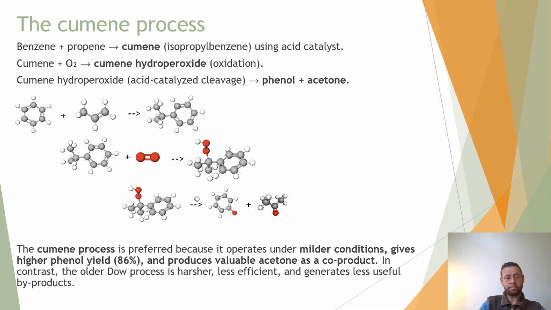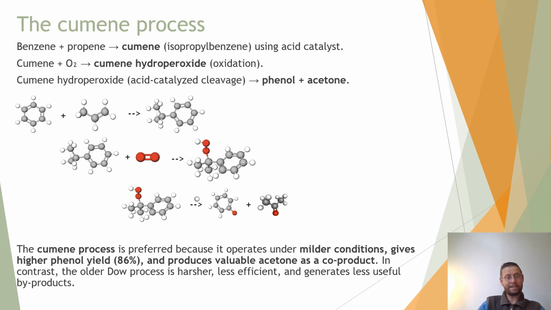But what was more well known was Heinrich Hock, the German chemist, in 1944. In somewhat difficult circumstances, was able to develop this, and so it was sometimes called the Hock process, but I will refer to it as the cumene process, just to leave the priority out.